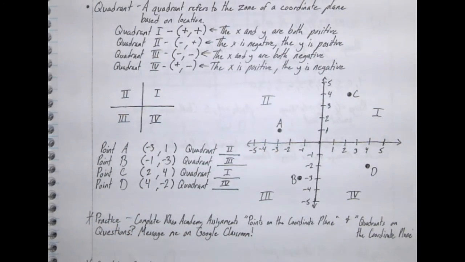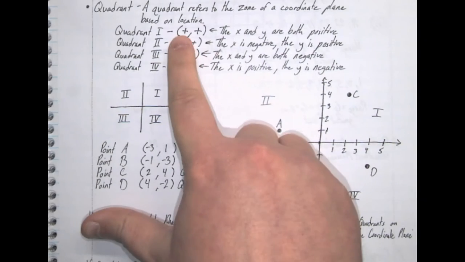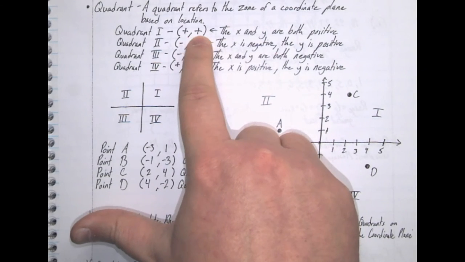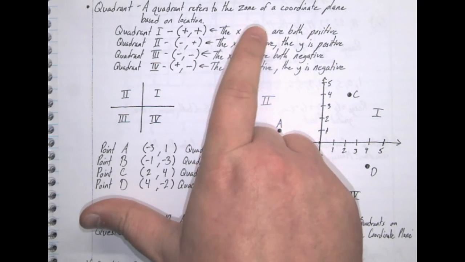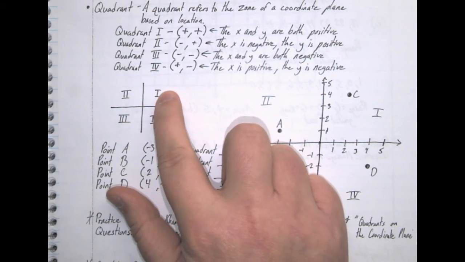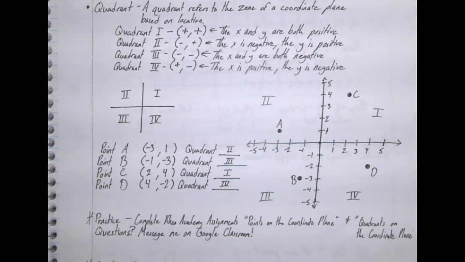That's where most of you guys, if you're familiar with coordinate planes, probably have seen most of your points. Your x and your y in the ordered pair are both going to be positive numbers. So the x and y are both positive, and they're in this top right quarter of the coordinate plane.